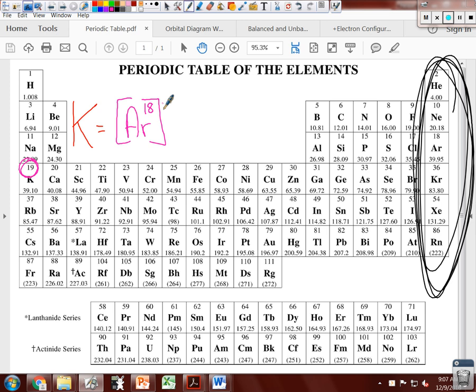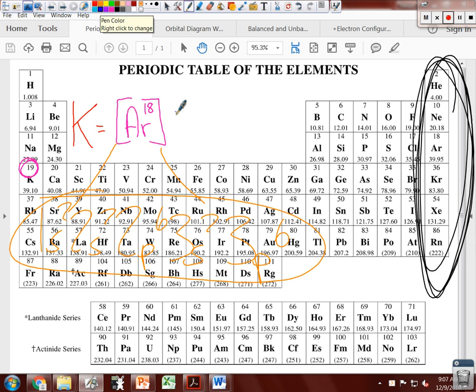This entire bracket with the noble gas in it takes up 1s2, 2s2, 2p6, 3s2, and 3p6. So instead of writing all of this, you can write that, and it takes the place of it. Okay? So the next thing you do is just complete it as usual. So you start back here, and what's the next thing that you're going to write? Try again. 4s1, and that's it.